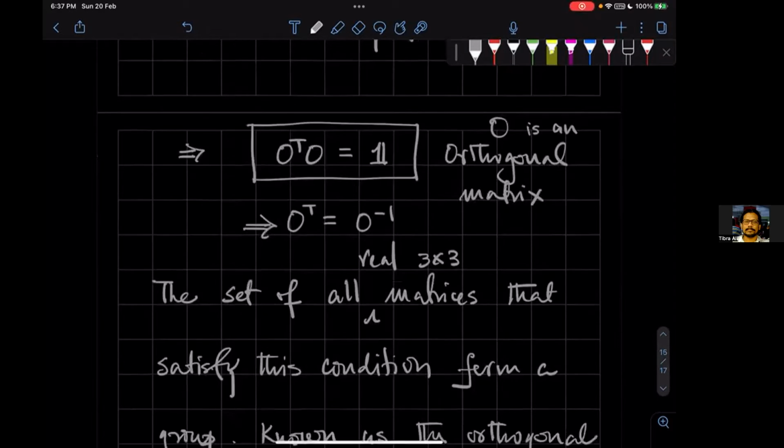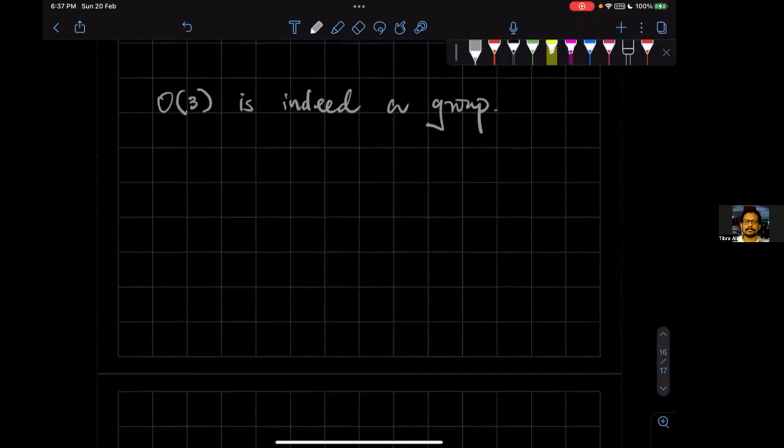Oh, right. Yes, sure. If O is in O3, so let's look at O transpose and look at O transpose O. So if I do this, then I get O transpose, but it's a normal matrix, so it means that this is actually true. Okay.